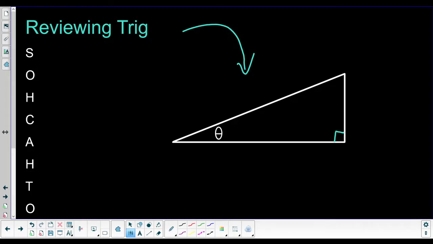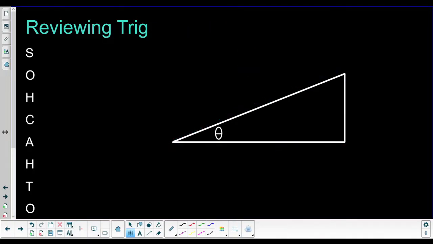Luckily for us, right triangles follow some general ratios that people have spent a ton of time studying, and we're going to use them to solve for individual pieces of our triangle.